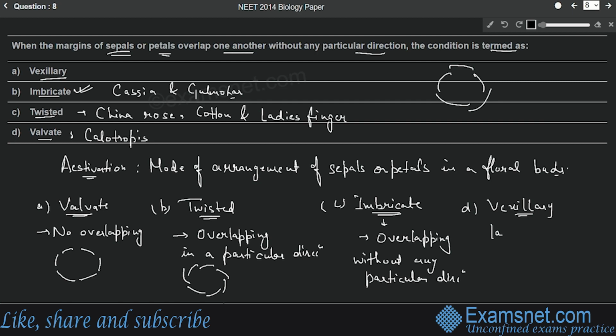The largest or the standard one overlaps two lateral petals, which in turn overlap the smallest petals. So according to this question, the correct answer will be option number B, imbricate aestivation.